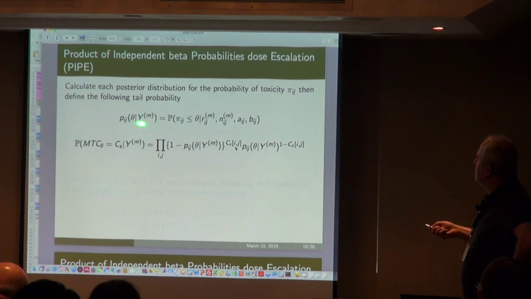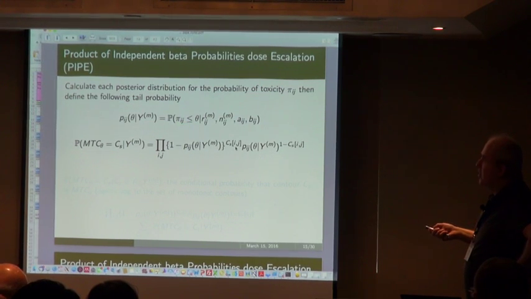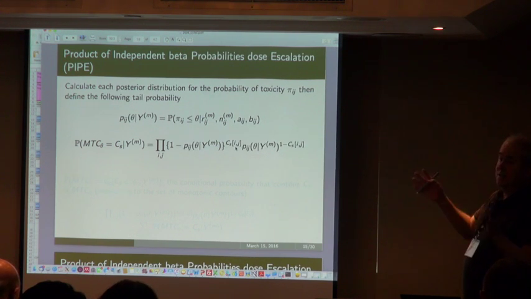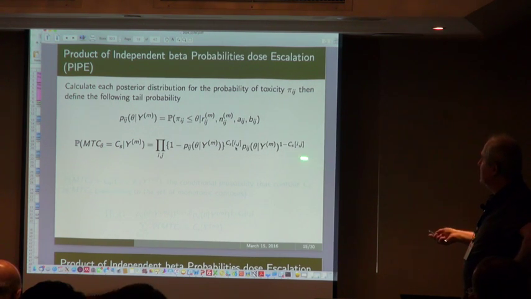But if you think about each distribution for every dose combination, all I want to know is this tail probability: what is the probability that the truth is less than the target? Now, the probability that the maximum tolerated contour is a specific contour C_s, which is just the binary matrix, is this expression.